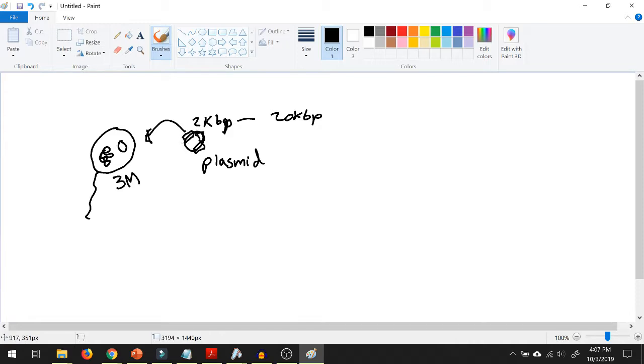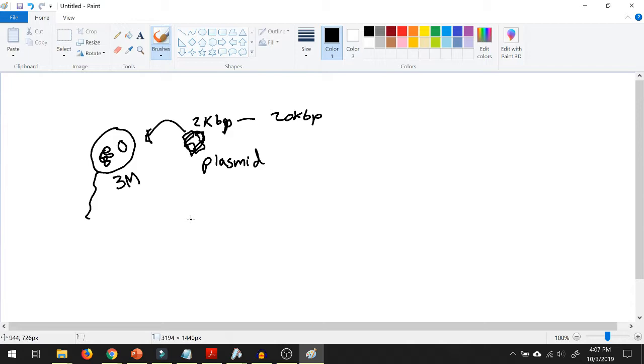And people code that themselves. So you could code the DNA yourself to get the bacteria to do what you want. Now, generally, the ways to get the plasmid inside bacteria involve adding certain chemicals.